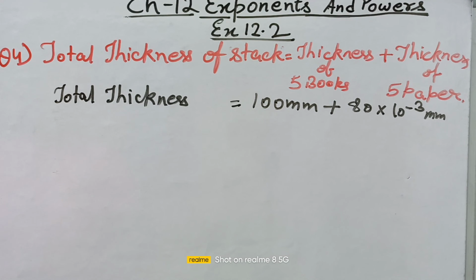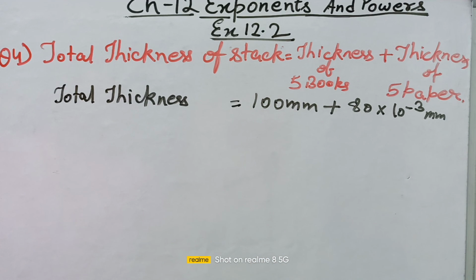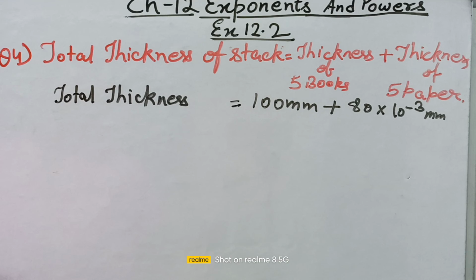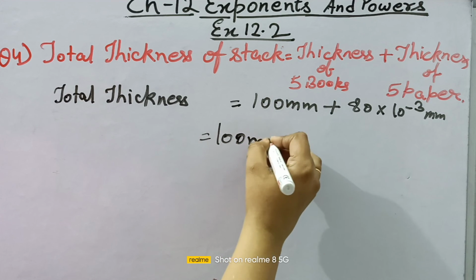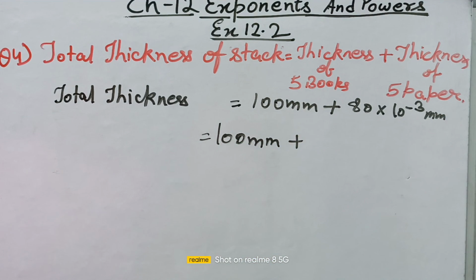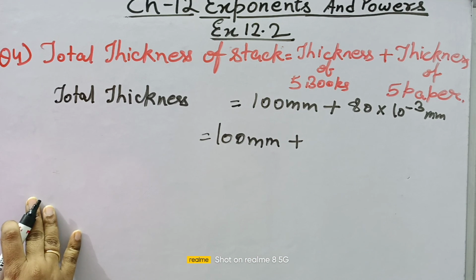Now you can see we cannot solve these two terms in standard form because there is no law of exponent available for plus operation. So what we will do, firstly we will write this term in usual form. In the same way, here we can see there is a negative exponent, so we will shift our decimal towards left hand side.